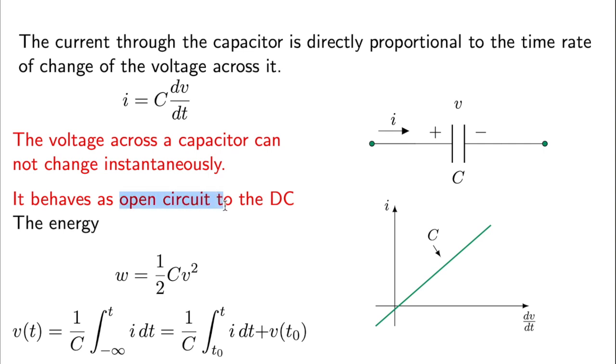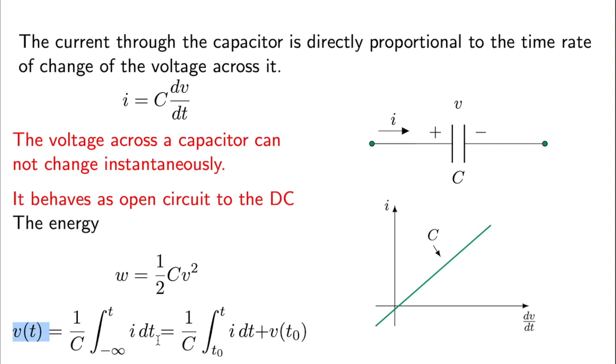On the analogous line, the energy associated with the capacitor is expressed as half CV square. So this depends on the instantaneous voltage. However, if you obtain the voltage expression from this derivative expression, it has an integral from minus infinity to t.